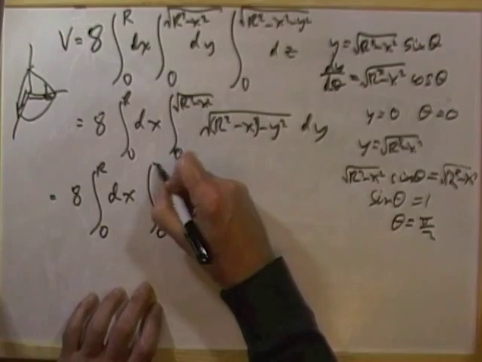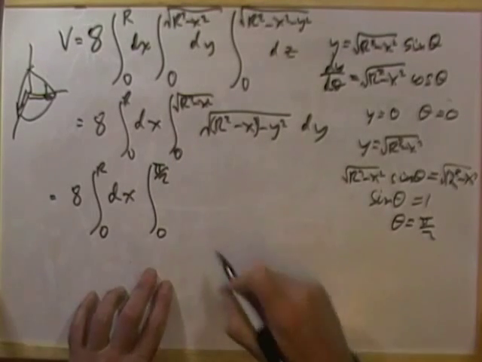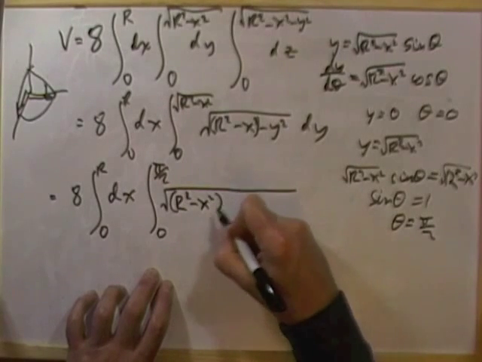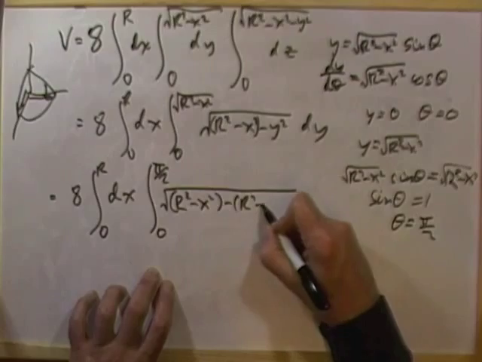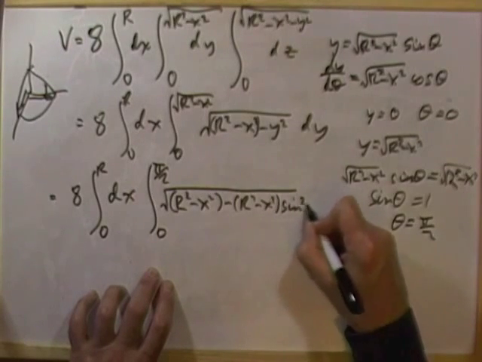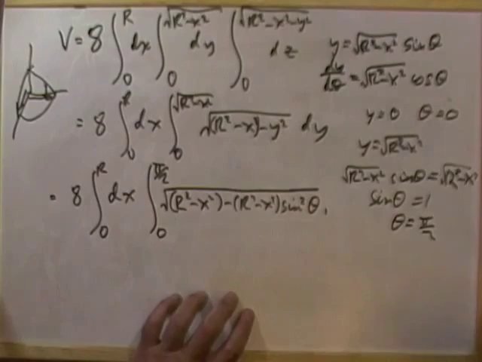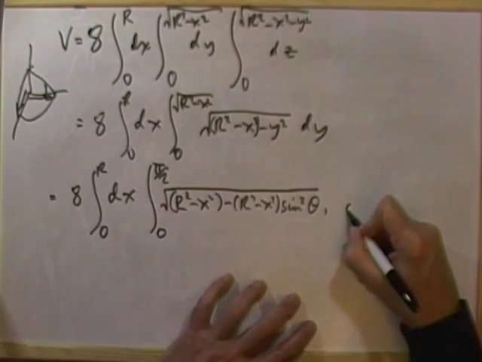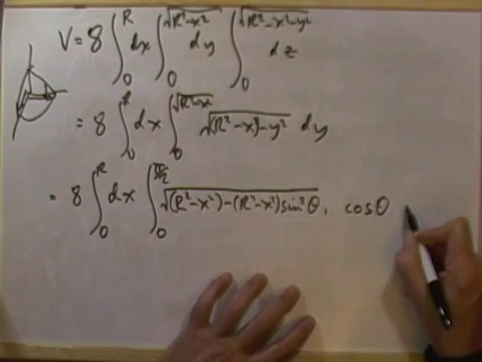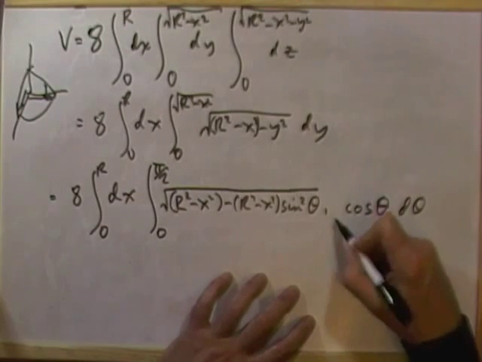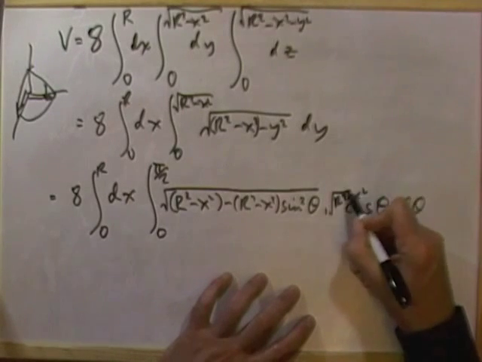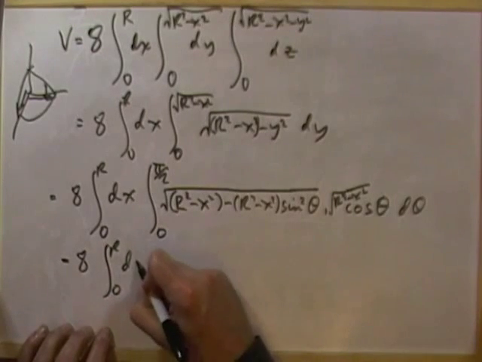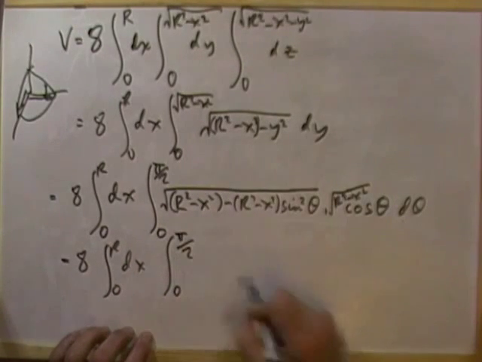So I've got from 0 to pi upon 2 of this thing, which is going to be the square root of r squared minus x squared sine squared theta times cos theta d theta, with that little r squared minus x squared that I missed out putting in. So I've got from 0 to r dx of, now how much tidying up do I need to do here?